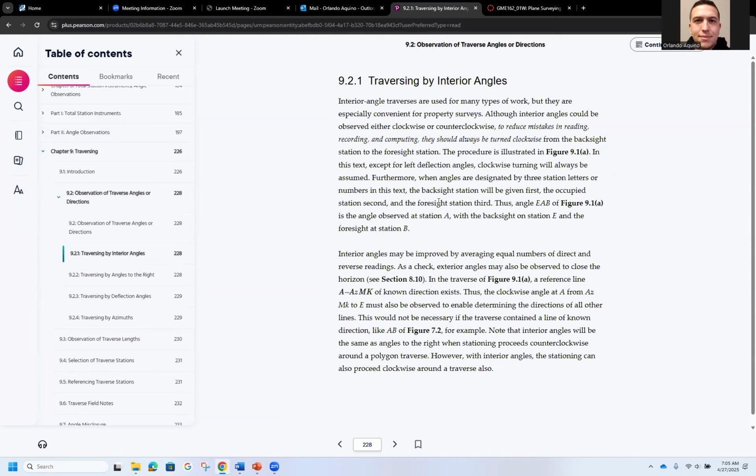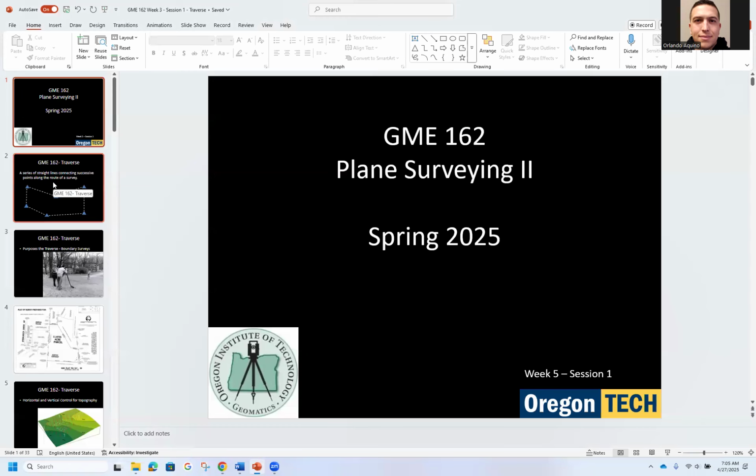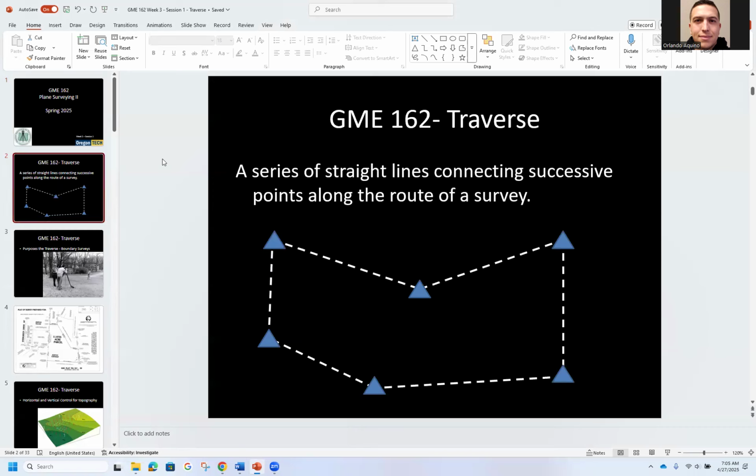I've got a quick slideshow for you guys. Again, a traverse is a series of straight lines connecting successive points along the route of a survey. It's pretty basic, but the other portion of a traverse that needs to be addressed is that these points are fixed points, right?